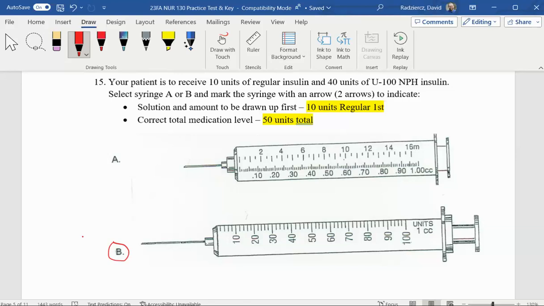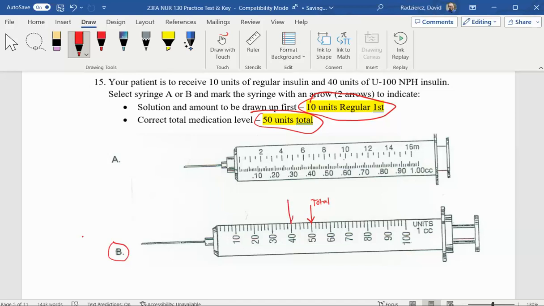Okay, so mark at the total for 50. That's your total. That's also why I wrote these here in my answers. I want to make sure that whoever's grading this knows that I know what I'm talking about, because your regular insulin, since it was drawn up first, is going to be closer to the total mark.